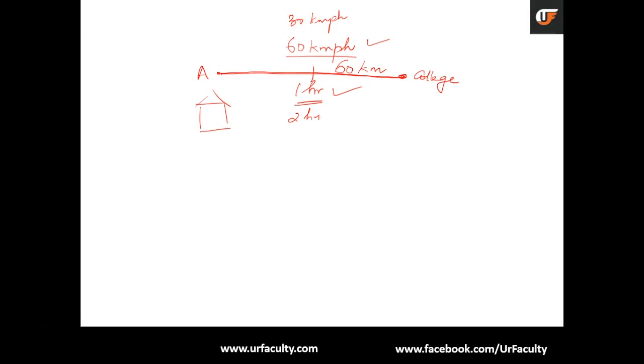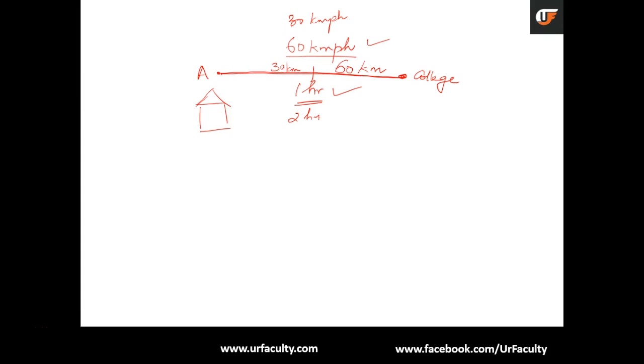You are traveling at 60 km per hour and the distance is 60 km, which you finish in 1 hour. So after 30 minutes, you are 30 km away from your home. So that is relative. Now you are comparing yourself against the object from where you started. This is the basis for relative.